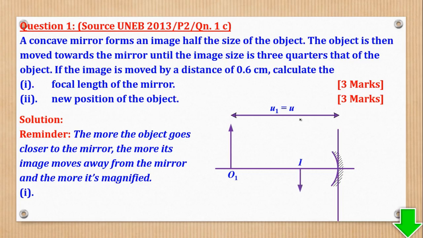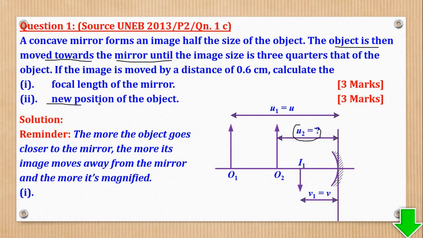Then it forms an image at I1 at a point where the image distance is v, because we don't know it by then. Then they told us that the object is moved towards the mirror. So we shall bring it towards the mirror to a new position O2. And the object distance, we don't know it. It's what they want in Roman 2.